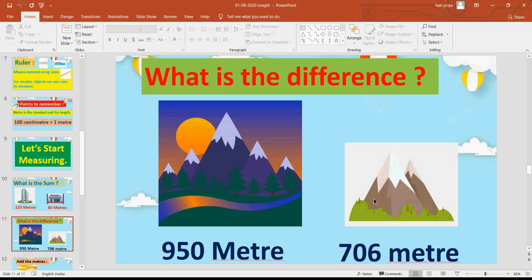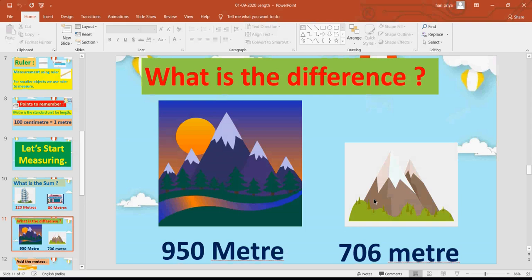So here we are subtracting the length from the first mountain to the second mountain. We are just subtracting it. That's it. In length we will be having this much of sums, easier sums. So let's quickly learn what it is.